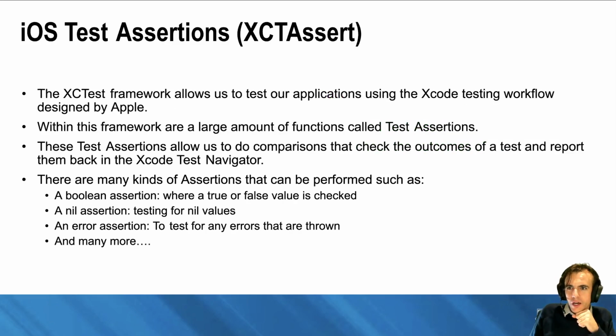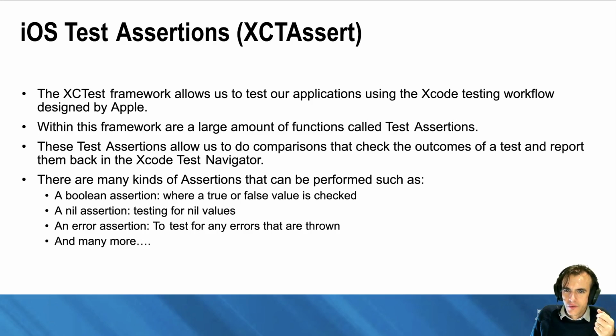The Xcode test framework gives us a number of ways that we can write assertions that represent our test cases succeeding. If these assertions fail, then the test has failed and we get a message that represents that particular assertion.